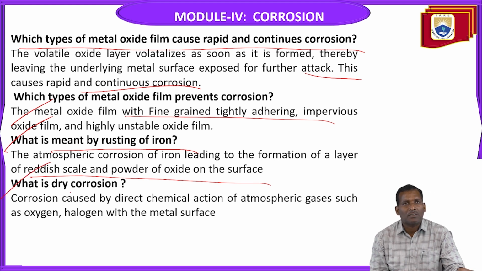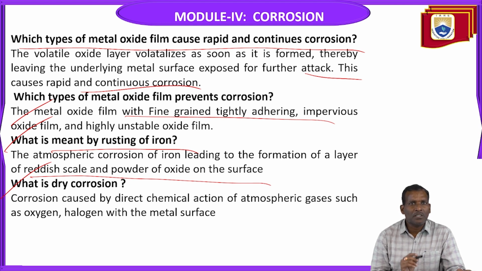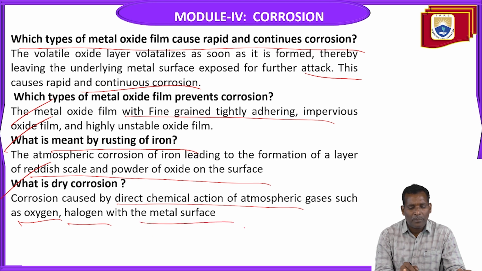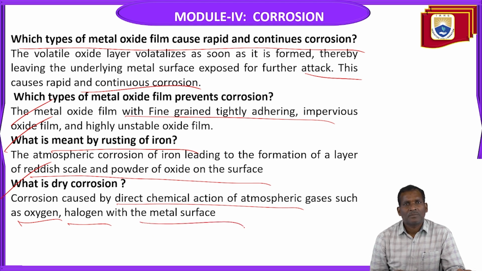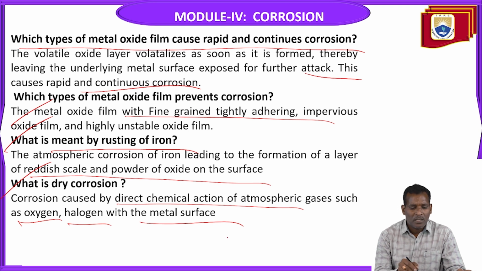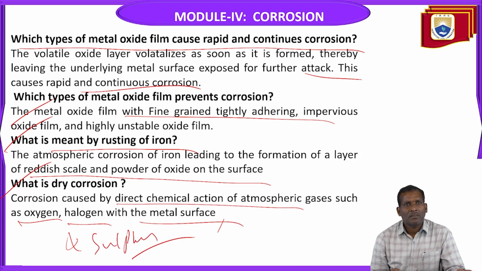In previous slides, we have discussed dry corrosion. The corrosion caused by direct chemical action of atmospheric gases such as oxygen and halogen with the metal surface, and sulfidation due to sulfur, is called dry corrosion.